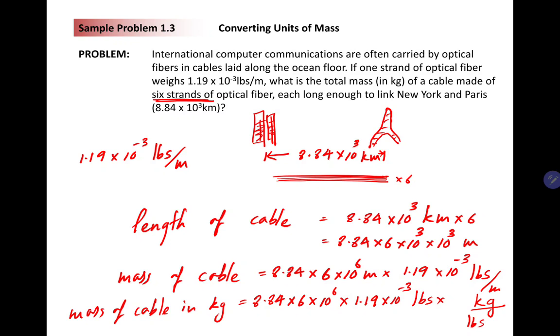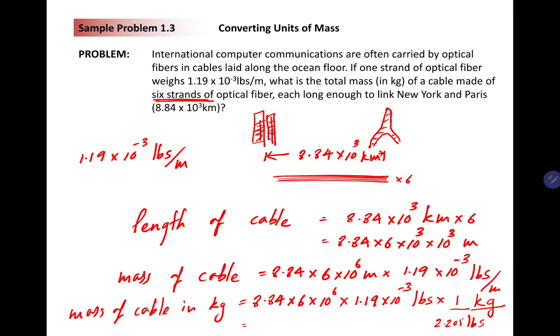And here's the relationship, guys: 1 kilogram is 2.205 lobes. So you do the math and then figure out the answer.